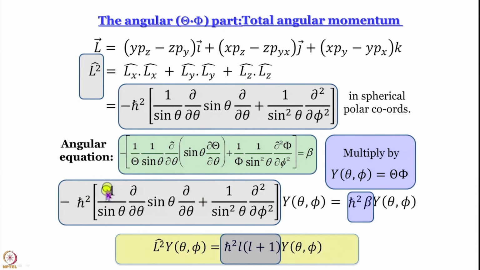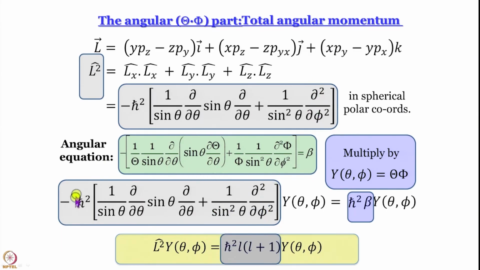So, we get this. So, here let us see what we have on the left hand side, minus h cross square 1 by sin theta del theta operating on sin theta del theta, same thing as here, plus 1 by sin square theta del 2 del phi 2, same thing as we have here.